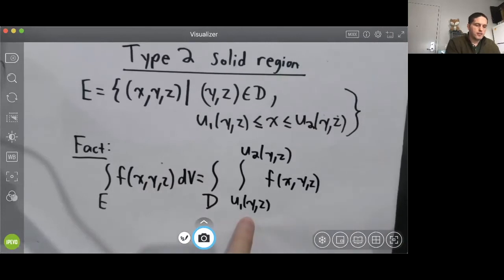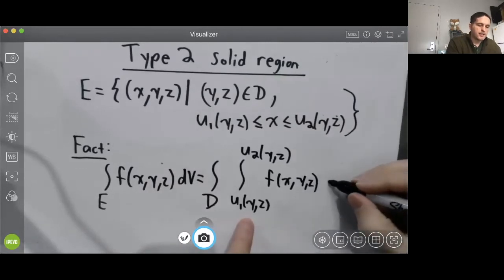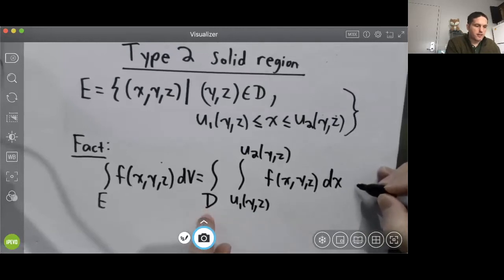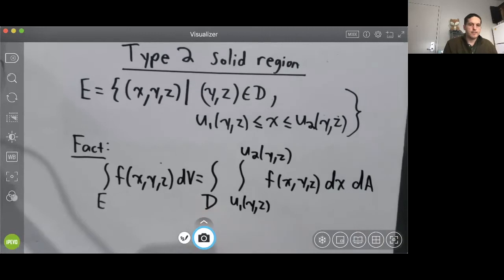This inner integral is with respect to x. And in the outer integral, we're integrating over the region D in the YZ plane. So I'm going to write dA.